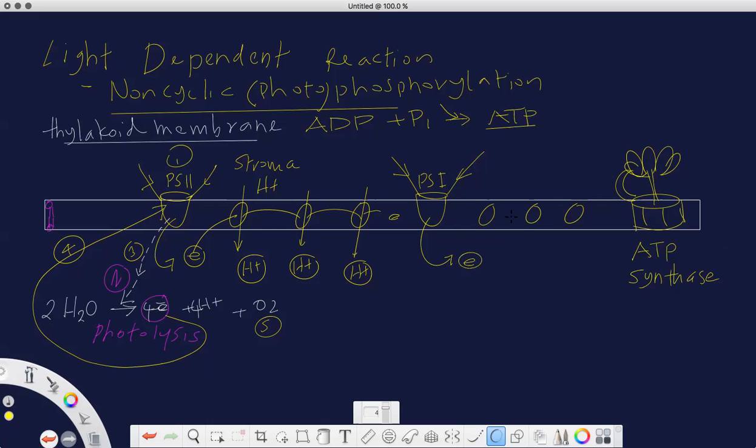and this electron has energy. The round around the electrons in this diagram shows the electron has energy. It's just the same as the photosystem 2.